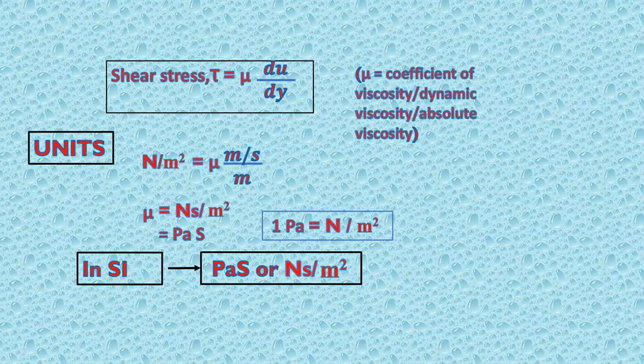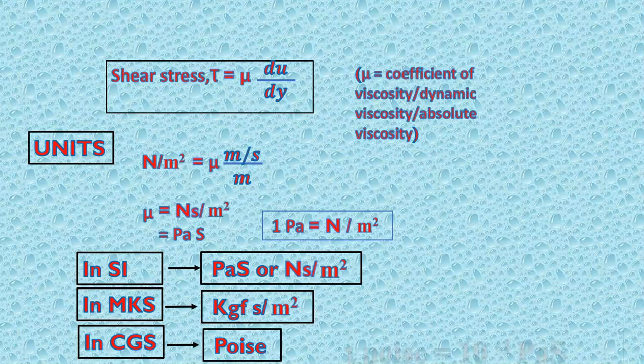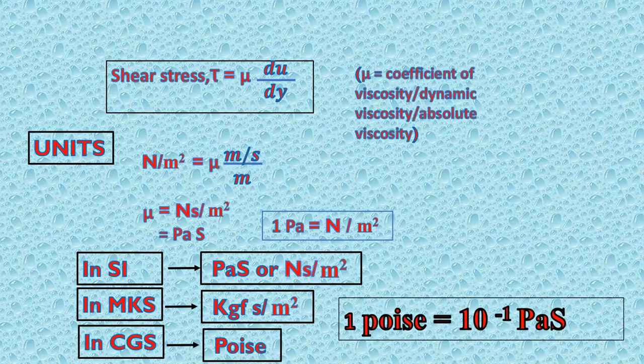So in SI, the unit is Pascal second or Newton second per meter square. In MKS units, the unit is kilogram force second per meter square, and in CGS units, the unit is poise. 1 poise equals 10 raised to minus 1 Pascal second.